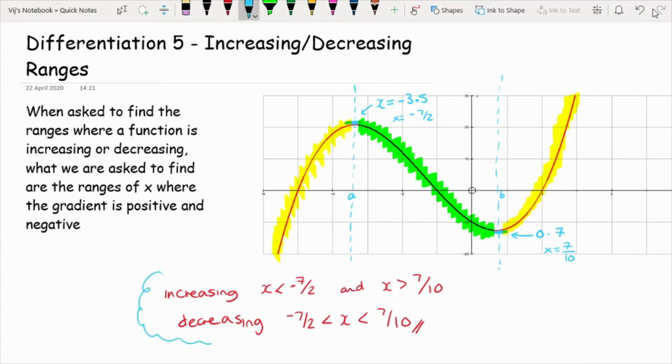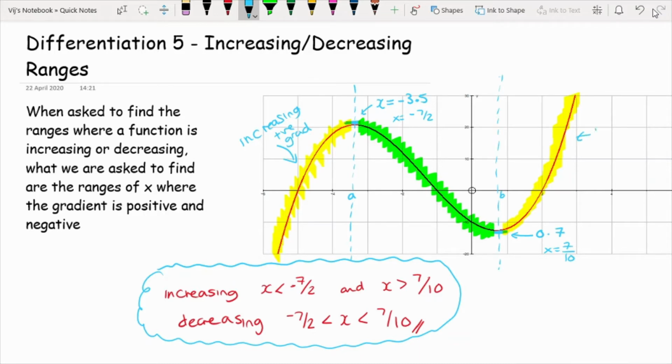So a question might ask you just on one of them, another question might ask you for both of them, so it's worth understanding what each of the sections are. The yellow is when it's increasing because we've got a positive gradient. And here also we've got an increasing section with a positive gradient.